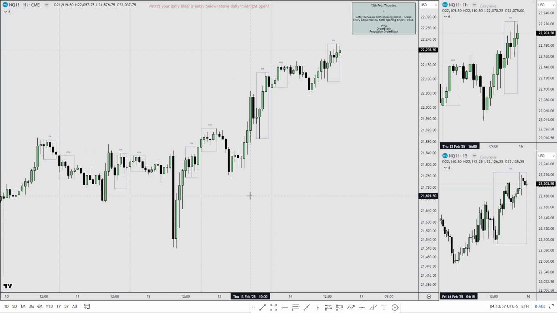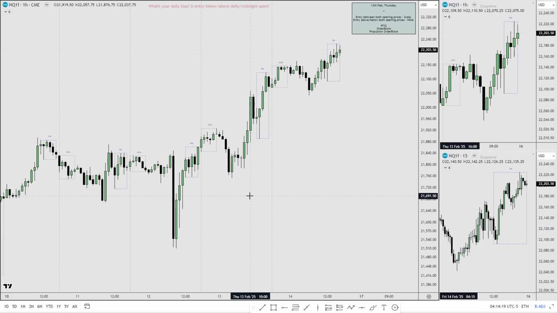The second requirement for this model is you can only trade in the direction of your daily bias. The third thing is you can only enter a trade if the entry is below both opening prices, the midnight open and the daily candle's opening price.